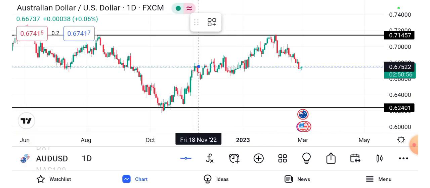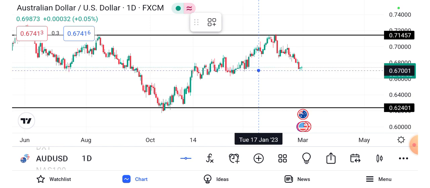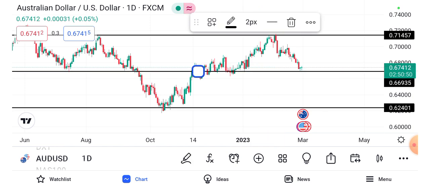Another support that you're going to highlight is this level right here. This is where we are currently at, as you can see. And this level again has so many touches. So it speaks with us when that happens.